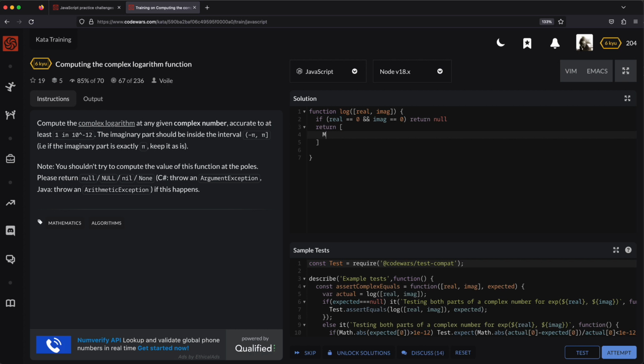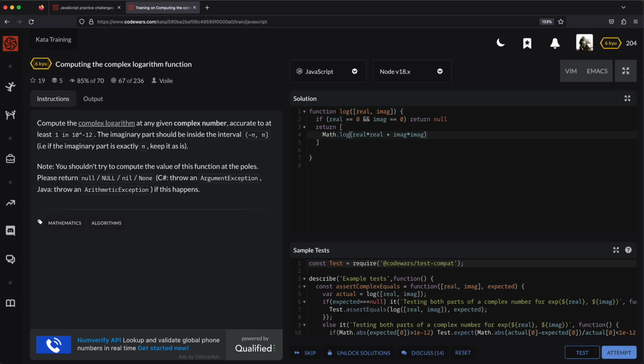One is the logarithm of the real part times the real part plus the imaginary part times the imaginary part, like this. And I need to get the square root of this value by the Pythagorean theorem, if a squared is b squared plus c squared.